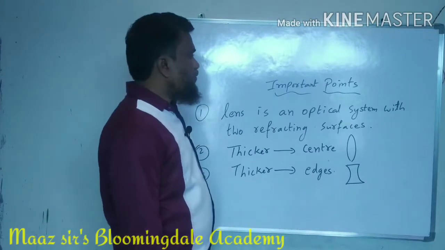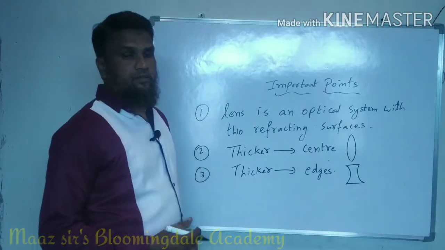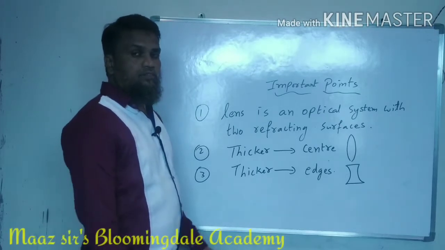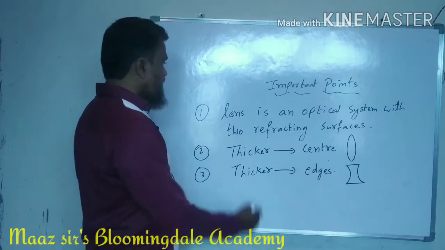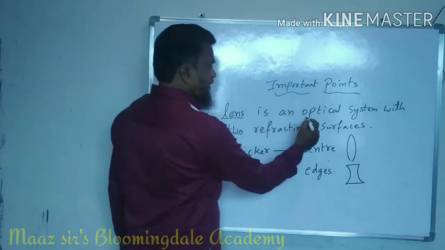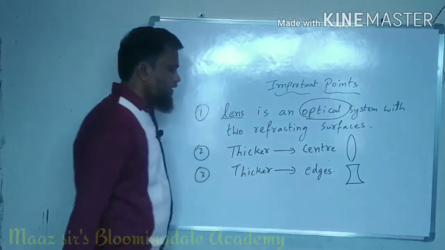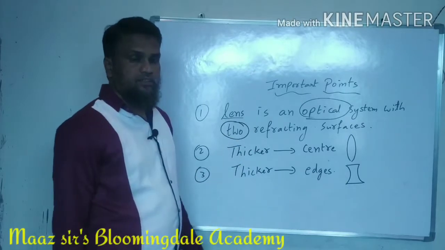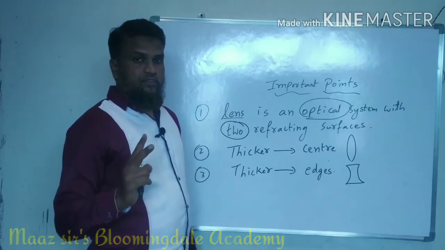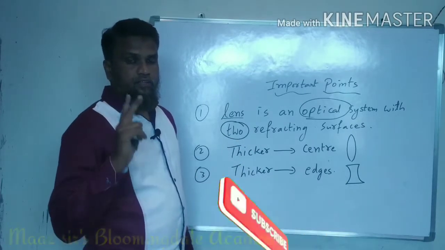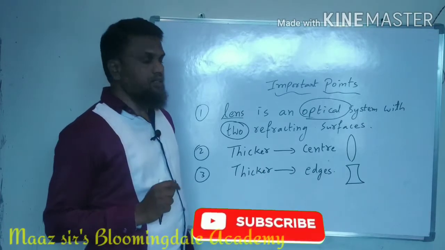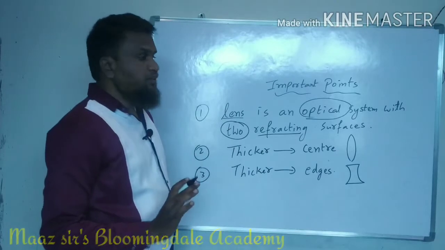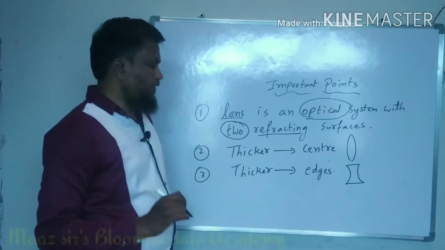Now let us see the important points of this lesson. As I said, refraction is related with lenses. First of all we should know what a lens is. A lens is an optical system with two refracting surfaces. Whenever you talk about a lens, you have to think about two refracting surfaces; two surfaces should be there, only then is it known as a lens.